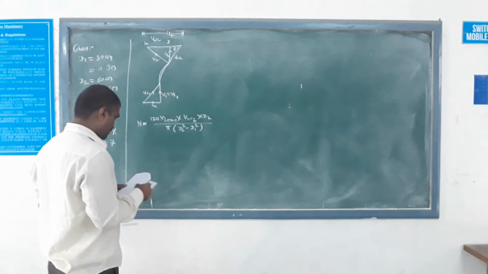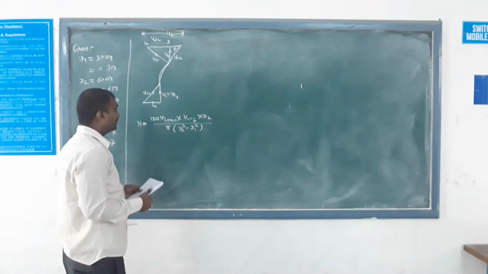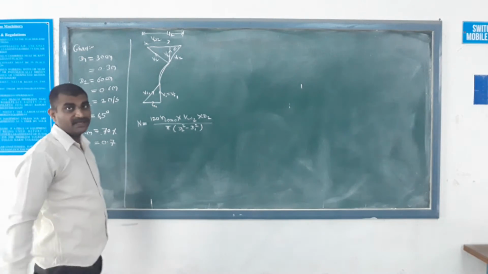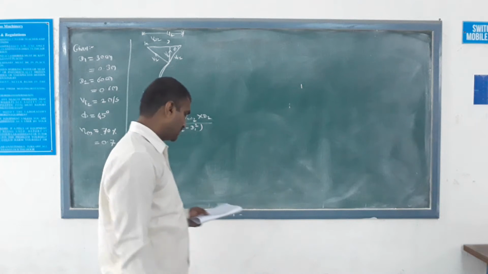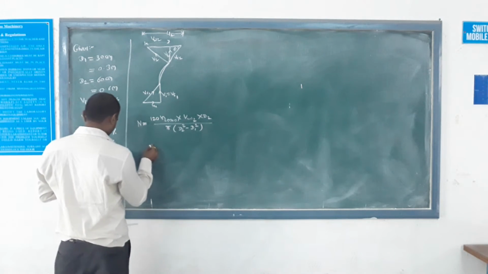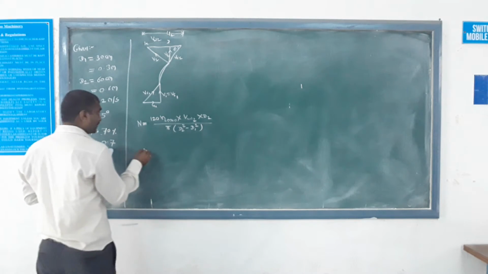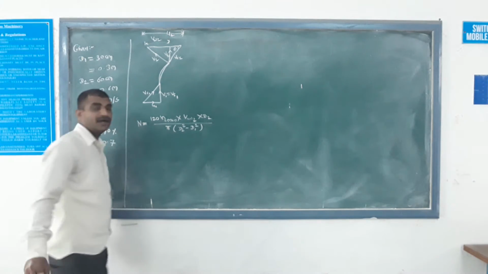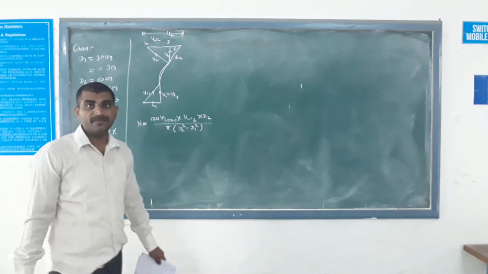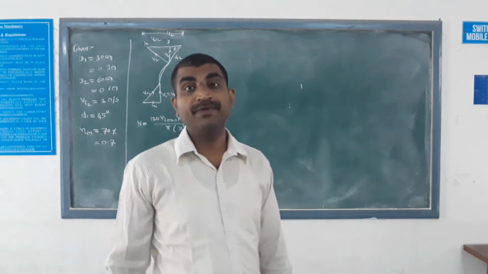So this is the formula for minimum speed of the centrifugal pump. Firstly find out Vw2, because we require Vw2. We don't know Vw2 in this problem.